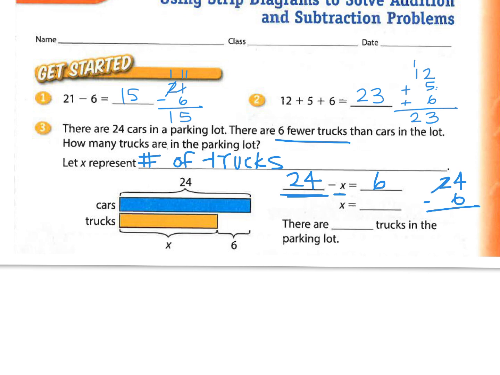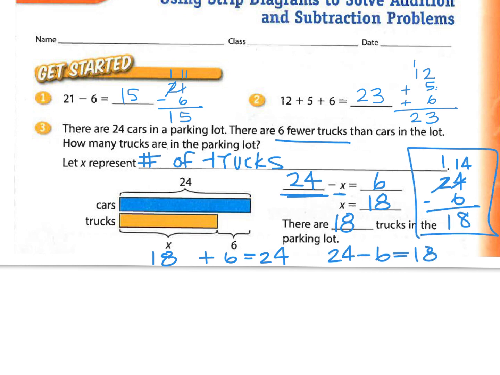So we got to borrow from that 2, make it a 1, make that a 14. 14 minus 6 is 8. 1 minus 0 is 1. So 18. There are 18 trucks in the parking lot because if x equals the number of trucks, 18 plus 6 equals 24, or using our fact families, 24 minus 6 equals 18. That's what I was doing here, using our fact family to help out.